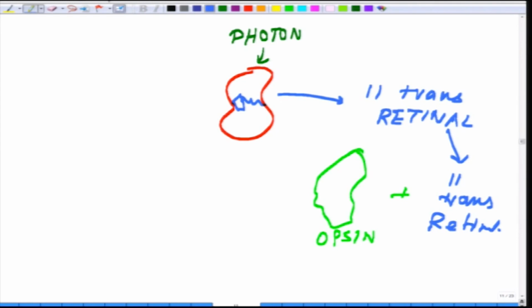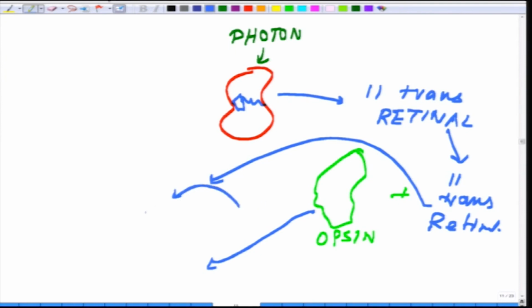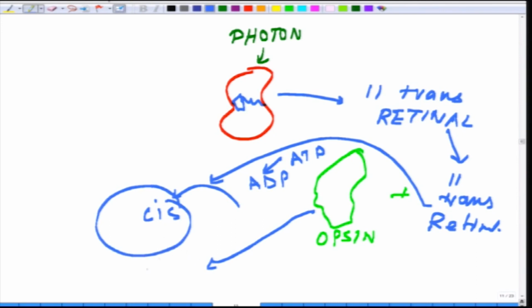Now this opsin protein remains pretty much an orphan at this stage, whereas the 11-trans retinal, through an enzymatic action, again becomes cis. There is a complete enzymatic action where ATP is used to convert it into 11-cis retinal. Now, this cis form again assembles with the orphan component, which is the opsin, and again forms this structure.